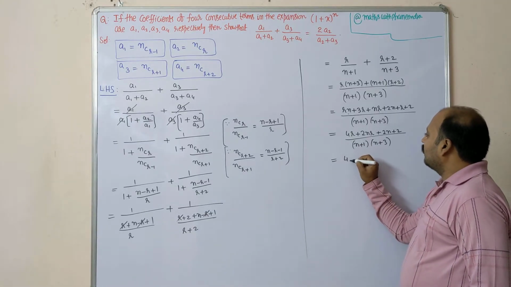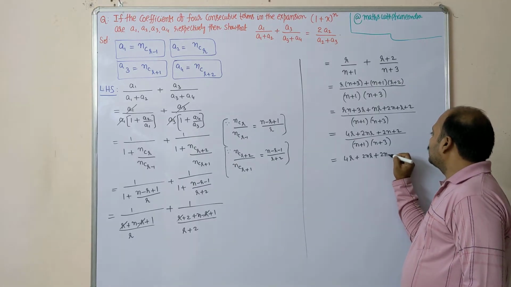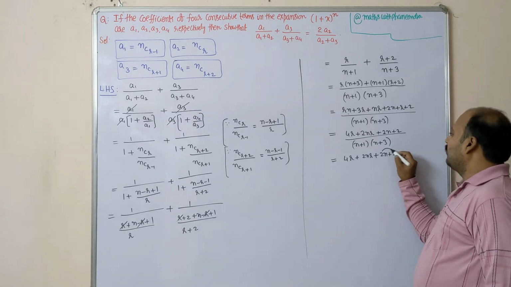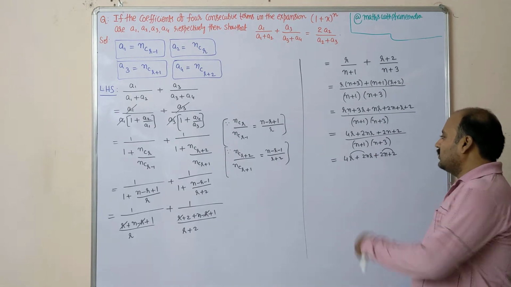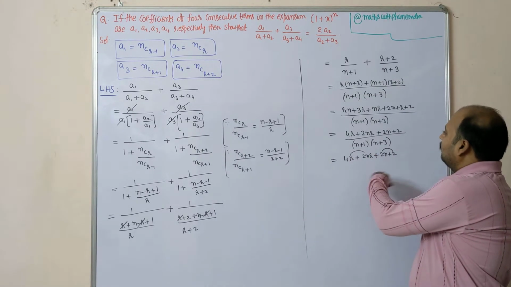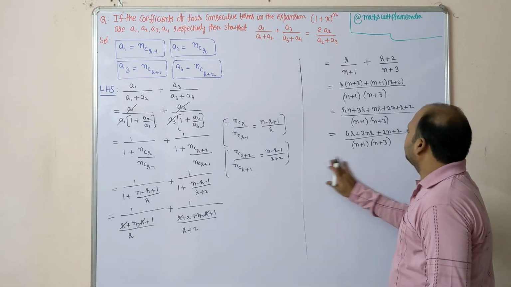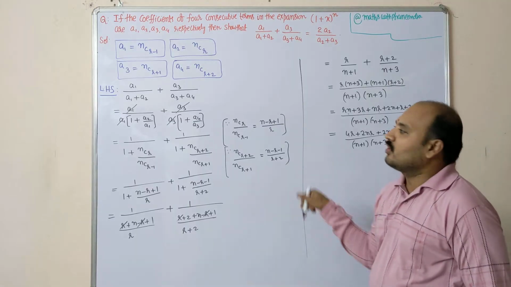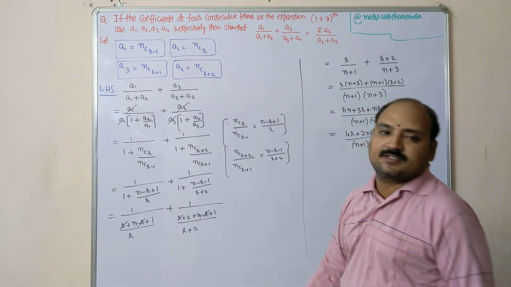So we can, 4r plus 2nr plus 2n plus 2. Even if we take 2r out common, here n plus 2r will come. It won't be used. Leave it like this. This is about LHS. We need to calculate RHS.